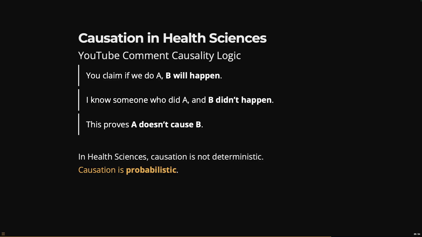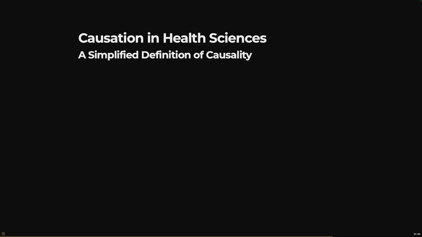I'll explain more what I mean by this as we go. And so I have here a simplified definition of causality in the health sciences. And this means health sciences like epidemiology, nutrition studies, public health, biology. Okay. This is simplified, remember.